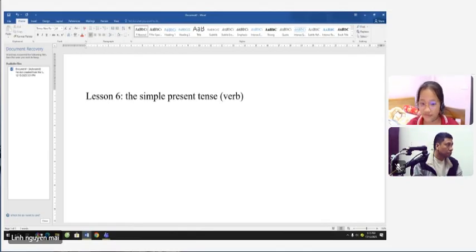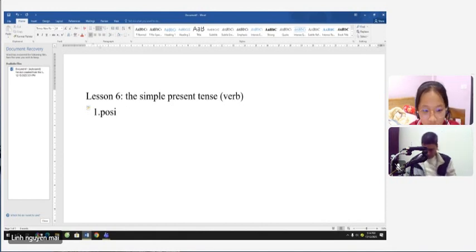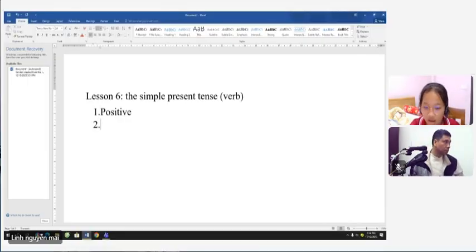So the verb in the simple present tense has three types: the positive sentence, the negative sentence, and the question. Okay? First is the positive. Next is the negative. And the final one is the question.